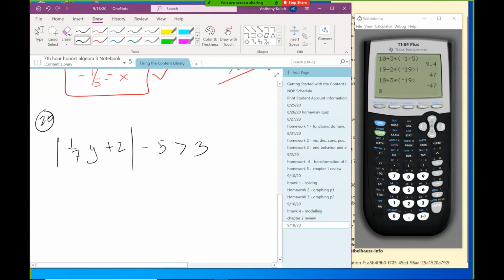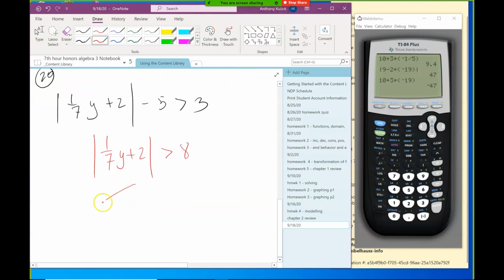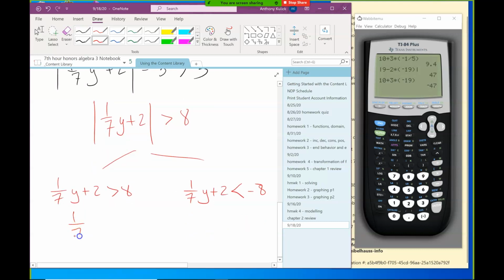Okay. Let's start by adding 5 to both sides. You good with that? I'll take from your silence that you were. And then we'll split this into 2 pieces. And we have to remember with that piece that we flip the inequality symbol and negate the right-hand side. So I'll subtract 2 from both sides.